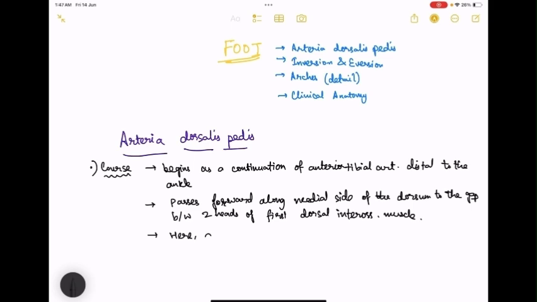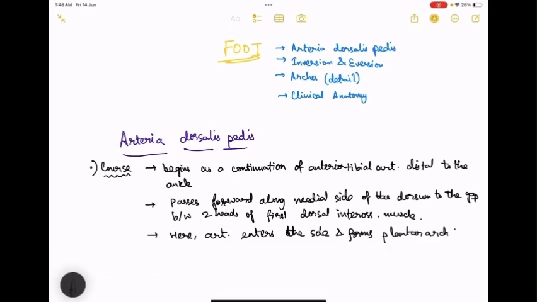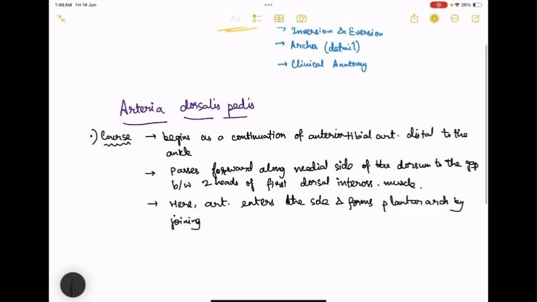Here, the artery enters the sole or the plantar surface and forms the plantar arch by joining the deep branch of the lateral plantar artery.